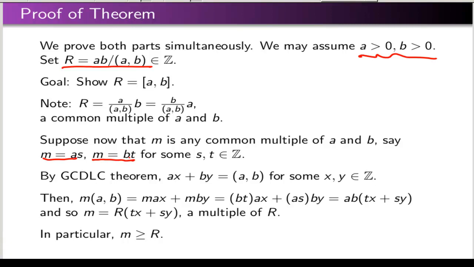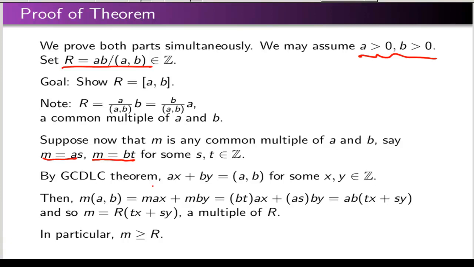We want to show that M is in fact a multiple of capital R. So let's start with the GCD-LC theorem that says the greatest common divisor is AX plus BY for some X and Y. Multiply both sides by M. So M times the GCD is MAX plus MBY.